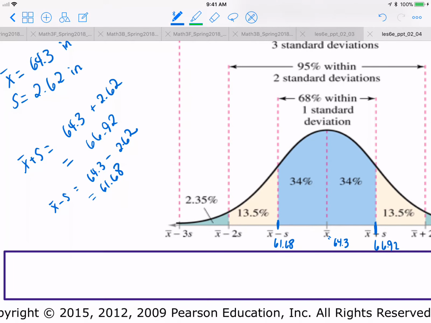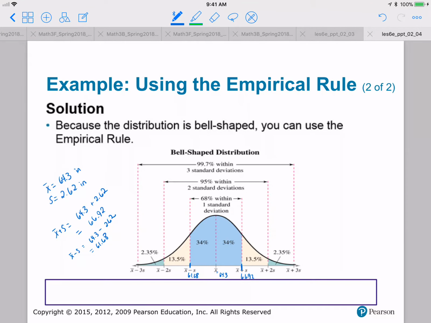$61.68. Okay, and then what is X bar plus 2S? It is going to be 64.3 plus 2 times 2.62. It's going to be 69.54.